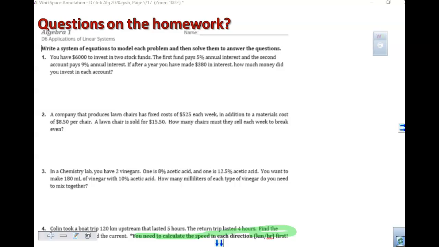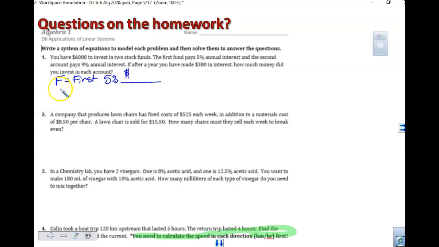So we're going to start with our x and y. They say you have $6,000. Your first fund is 5%. The second is 9%. Oh, so maybe instead of x and y, I use f for my first. The first one is at 5%. I'm going to try to figure out how many dollars I have there. I don't know that yet, right? That's why it's F. It's my unknown.